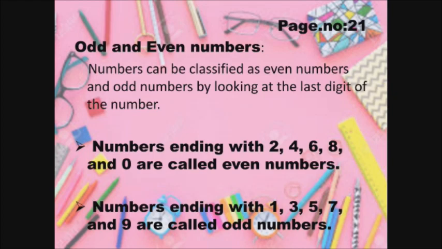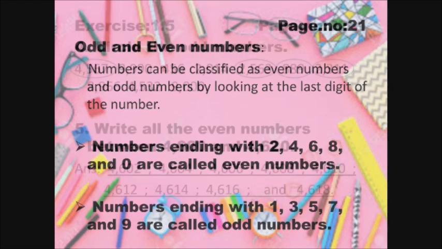Ending numbers means the last number. It is in ones place. Next, numbers ending with 1, 3, 5, 7 and 9 are called odd numbers. So to find even and odd numbers, we have to check the ending numbers.